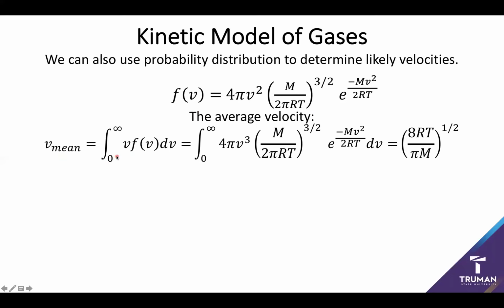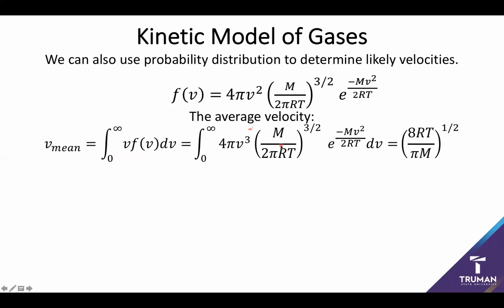It is equal to the property I care about times the probability distribution, integrated over my variable. In this case, v times my probability distribution integrated over all possible velocities. So we can insert my equation. I'm more or less doing the same integral I did before, except now instead of v squared, I have a v cubed. Extra little expression comes in.